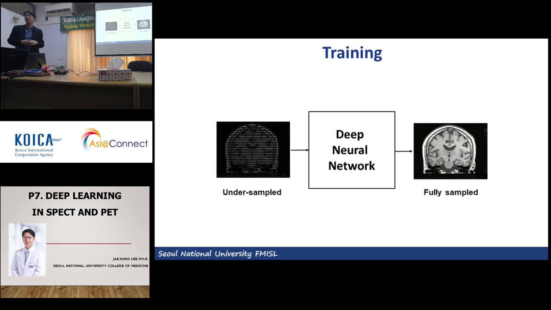Those slices would be enough for clinical diagnosis, but it is very hard to apply advanced volumetric analysis to these 2D MR data. So if we can recover the fully sampled 3D data from the 2D MRI, we can apply those advanced 3D MR analysis techniques to clinical 2D MR data sets.